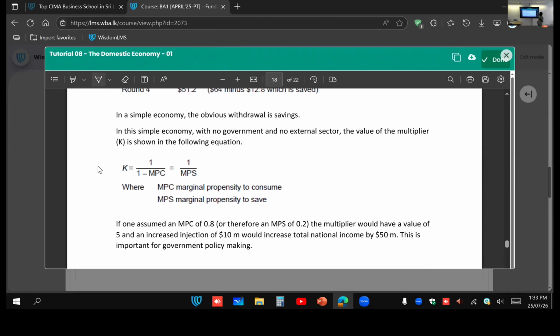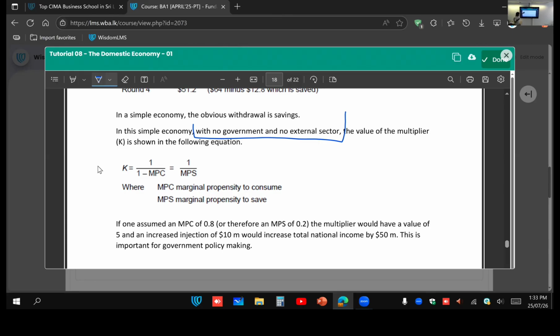This is in a simple economy with no government and no external sector. These are theoretical. We are considering that there is no government and no external sector involvement. The value of multiplier K is shown as this. MPC is the marginal propensity to consume and MPS is the marginal propensity to save.